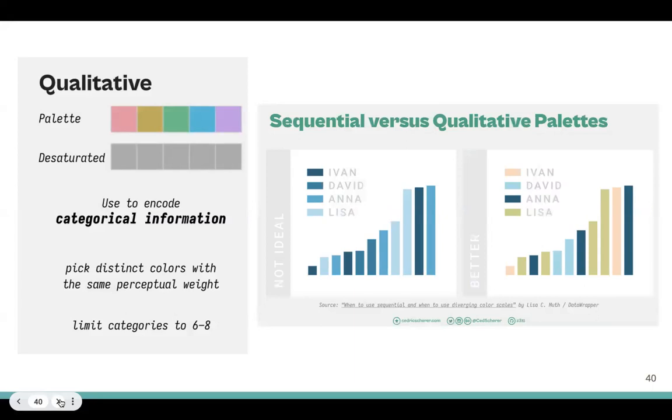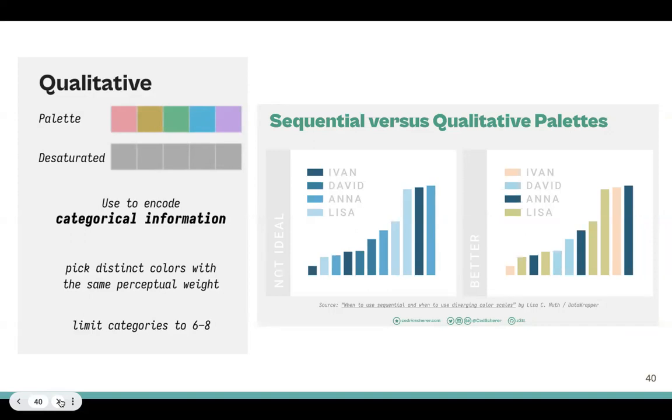Now, let's talk about another simple type of data. And this is one of the biggest problems, the most common problems. Let's say you don't have numerical data, you don't have numbers in your data, you have categories. For example, you have the names of people, like you see in this graph: Ivan, David, Anna, Lisa.